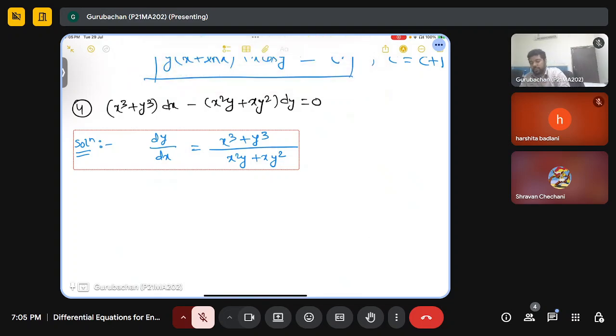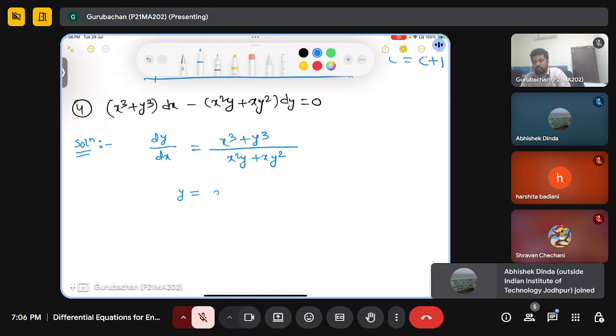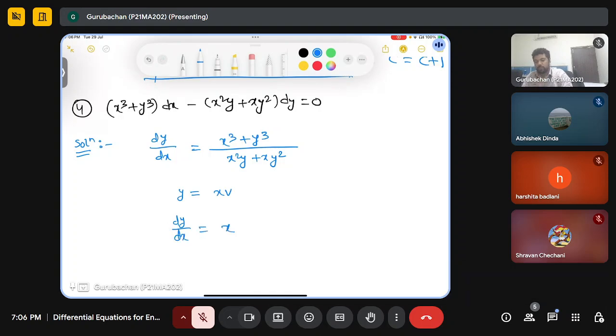So, what we have to do, we have to take y is equal to x times v. So this will give you dy by dx is equal to x dv by dx plus v. So what I have done, I have differentiated with respect to x.